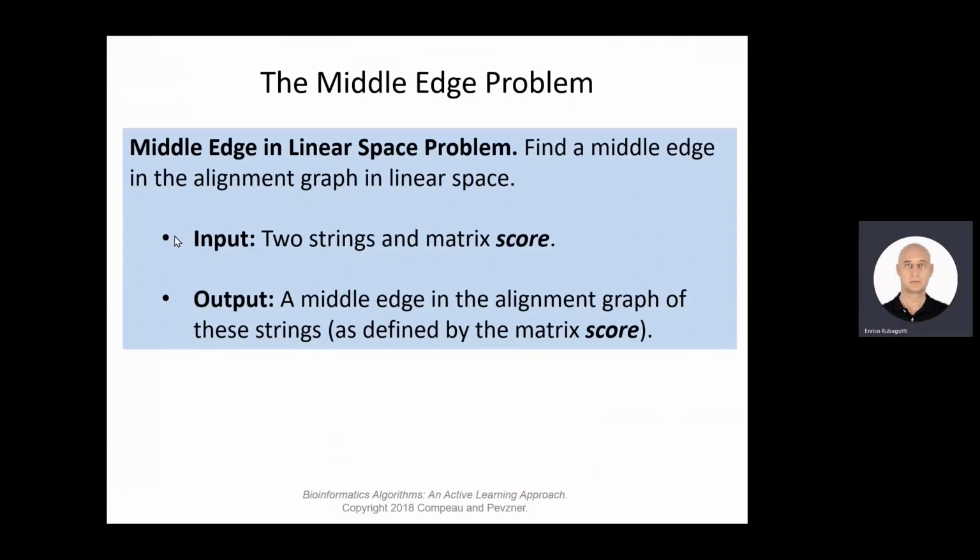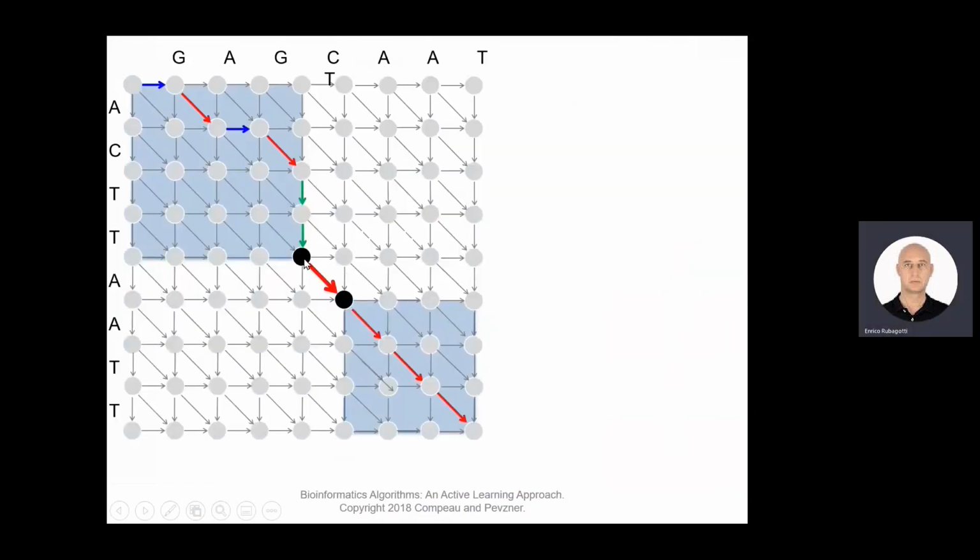The middle edge in linear space: find a middle edge in the alignment graph in linear space. The input is 2 strings and a score matrix, and the output is a middle edge in the alignment graph of these strings. So this is the middle edge. It would be only this one, diagonal, or south, or on the right.